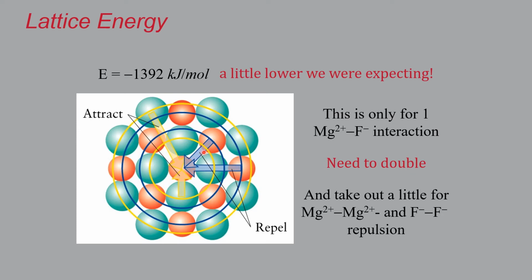And there are entire books written about this. If you know what the 3-dimensional structure is, and you know the average distance between the nearest neighbors, the second nearest neighbors, the third nearest neighbors, you can work out these terms quite precisely and usually calculate and match the experimentally known lattice energies quite well. So let's look at these, shall we?